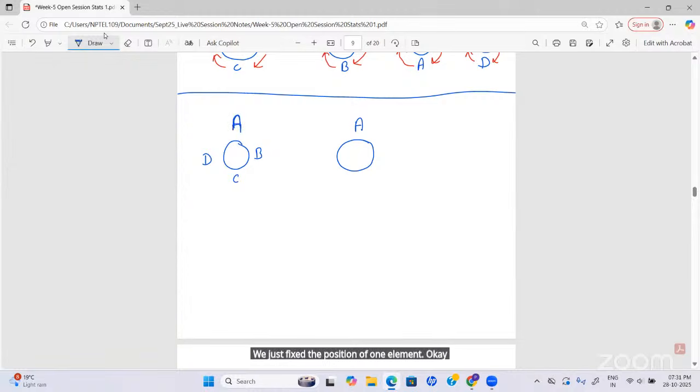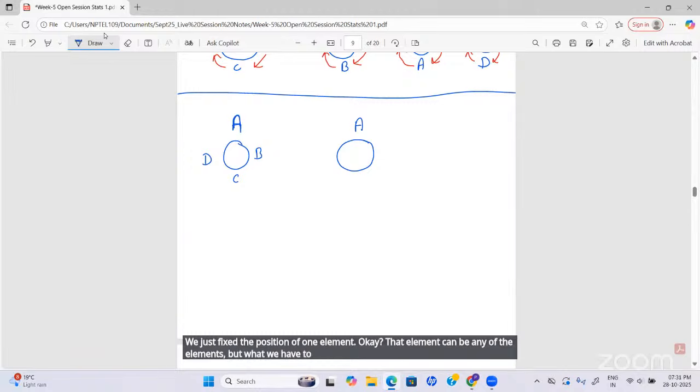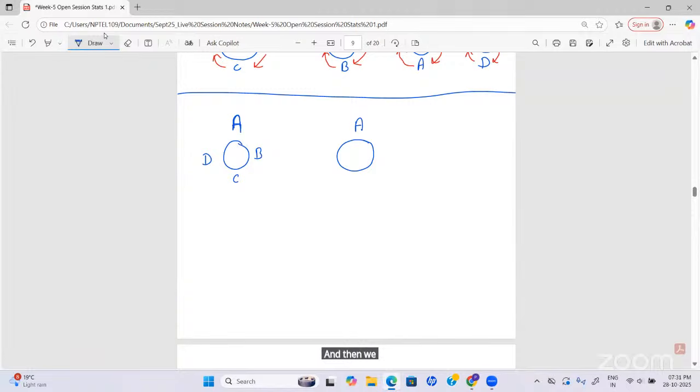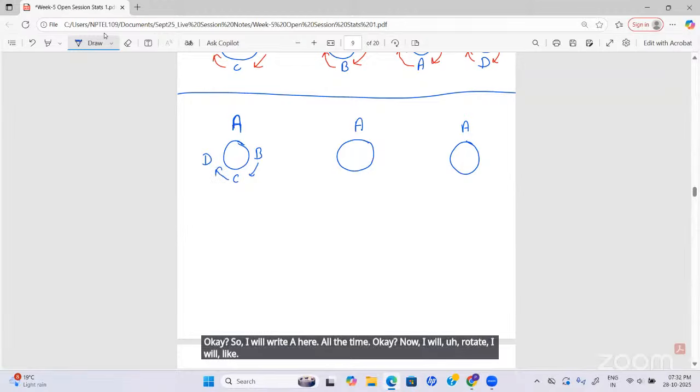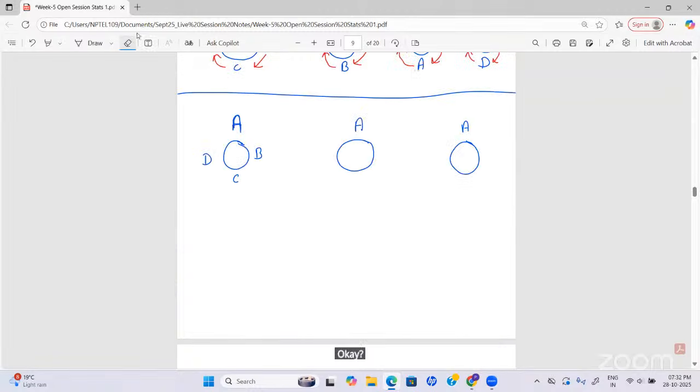That element can be any of the elements, but we have to fix its position, and then arrange the remaining elements in a linear fashion. Just see here, I am fixing the position of A, so I will write A here all the time. Now I will change the positions of these three, B, C, and D.